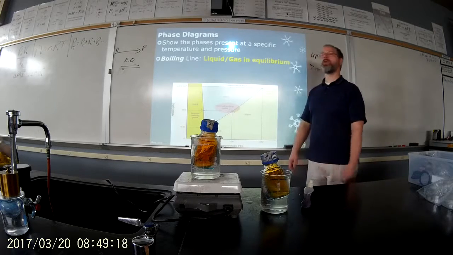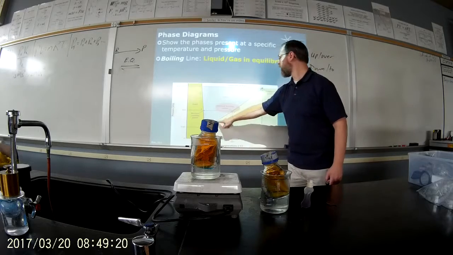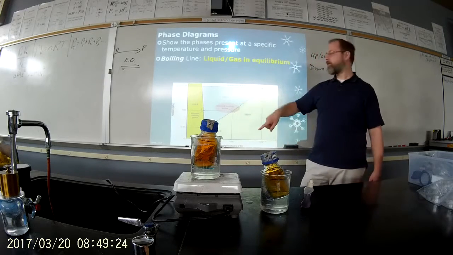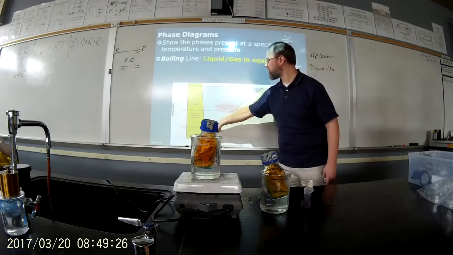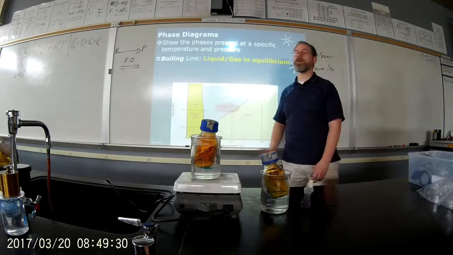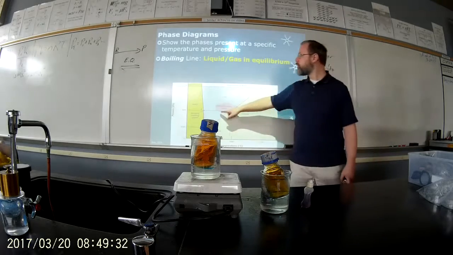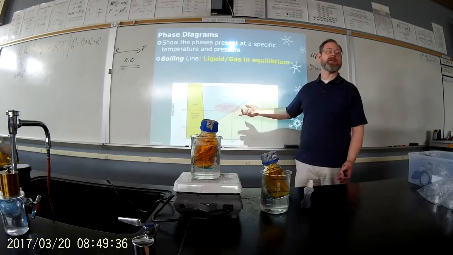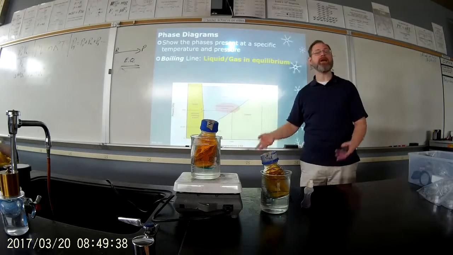So anything on the boiling line, when you're at this line here, you have liquid and gas in equilibrium. So any temperature and pressure combination that puts you on this line means you have liquid and vapor at equilibrium. So when you are at 1 atmosphere and 100 degrees, the liquid is boiling, but there are both liquid and vapor present.